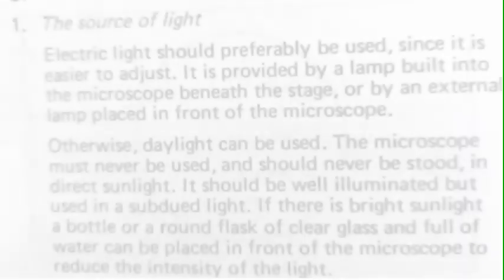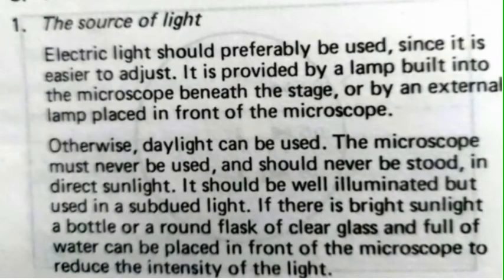C. The illumination system. The source of light. Electric light should preferably be used since it is easier to adjust. It is provided by a lamp built into the microscope beneath the stage or by an external lamp placed in front of the microscope. Otherwise, daylight can be used.